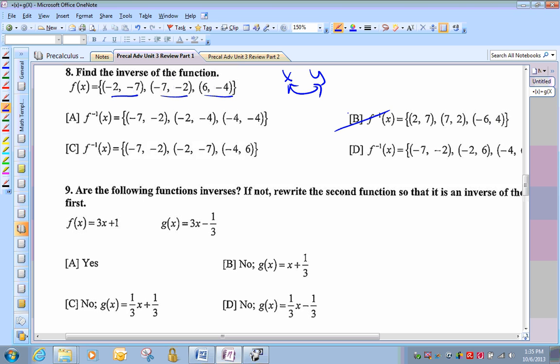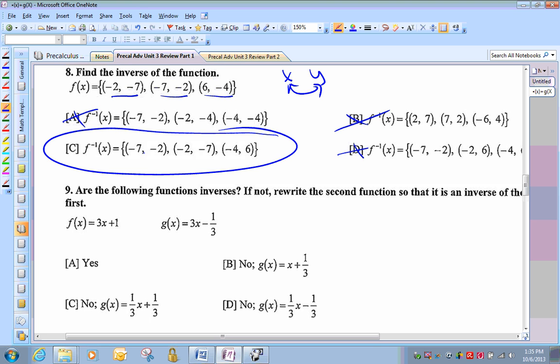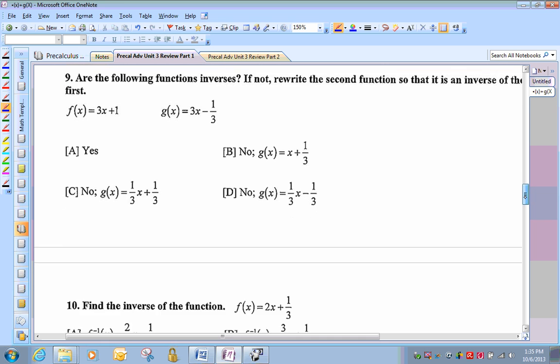I don't see that one here, so we can cross that one out. Then you should see a -2, -7. Don't see that here either. This is probably my answer, but let's double check. We should also see a -4, 6. Bam. There's my inverse function. Just took each ordered pair and reversed their x and y's. All right, let's move on.